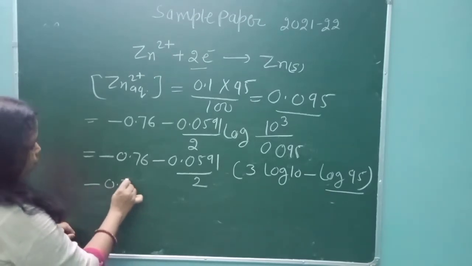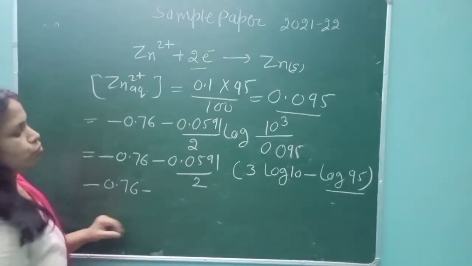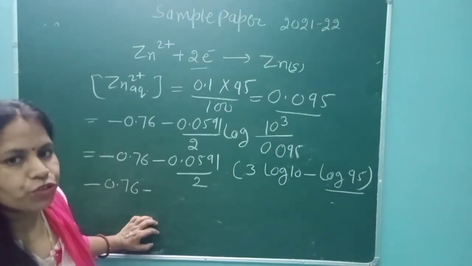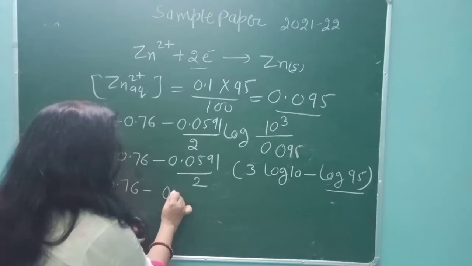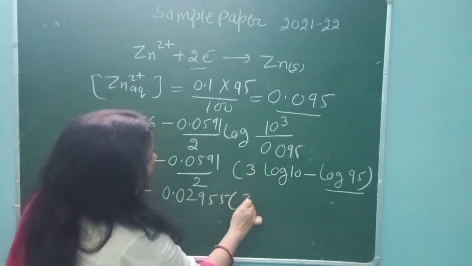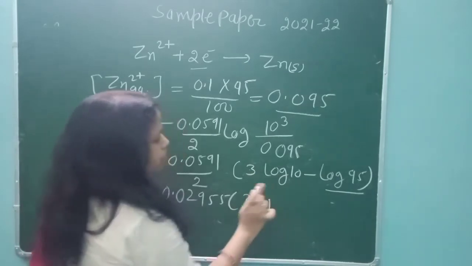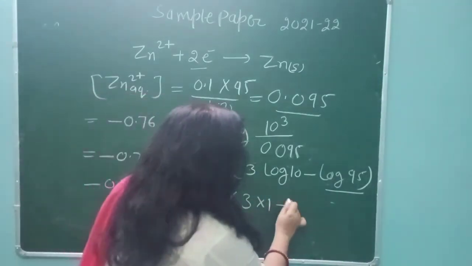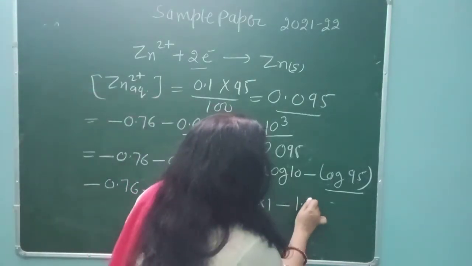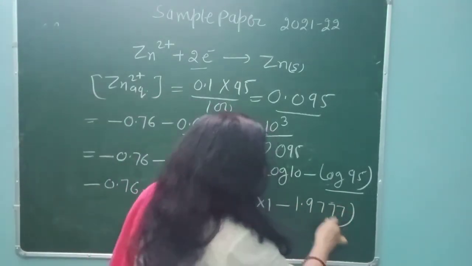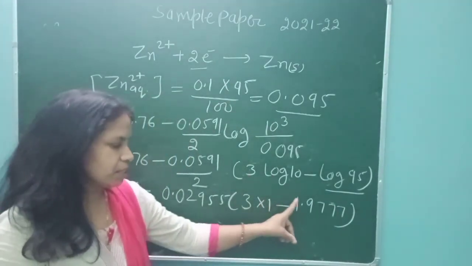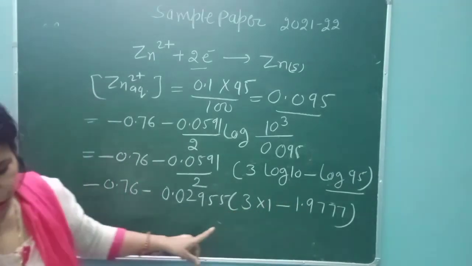So minus 0.76, 0.0591 divided by 2, so we get 0.02955 approximately. 3 log 10 is equal to 3, and minus log 95 is 1.9777. Now calculate this: 3 में से आप ये माइनस कर दें.